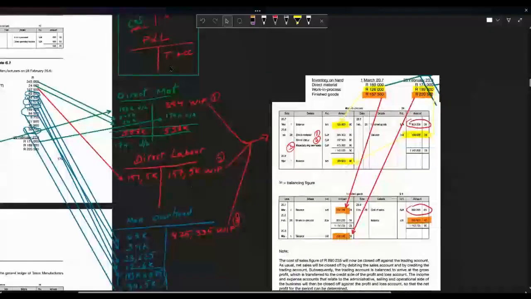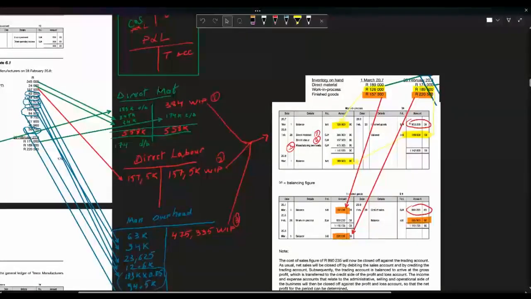And as you can see, that will be the 126,000 that we have here as an opening balance, plus we take our three musketeers, right? The direct material, direct labor, and manufacturing overhead. These came straight from the different accounts. We take them, we place them, and this provides us a total.